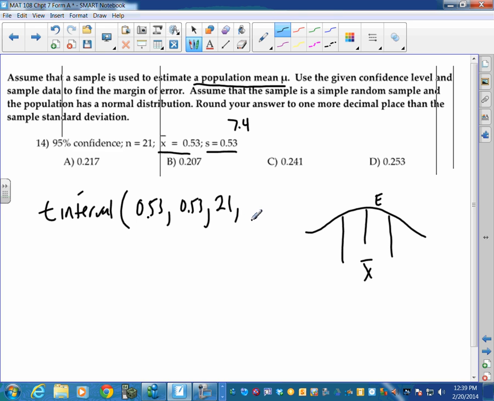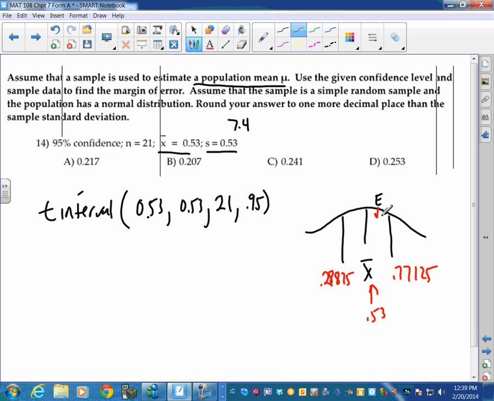Confidence level, 0.95. So what numbers did you get? 0.275 on the left, and on the right 0.785. So this is 0.53.